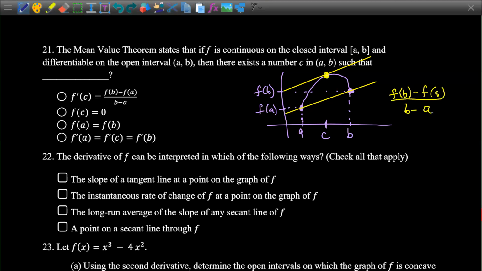So once again, this is saying that the slope of the line at that point of tangent c, which is given by f prime of c, is equal to the slope of that secant line. And so this is going to be the first one.